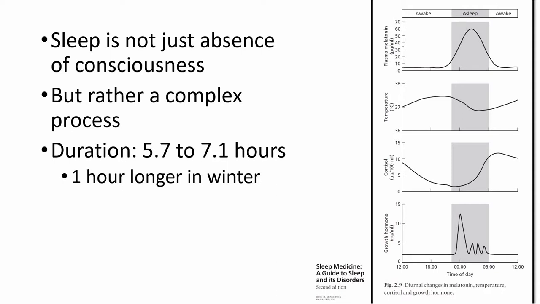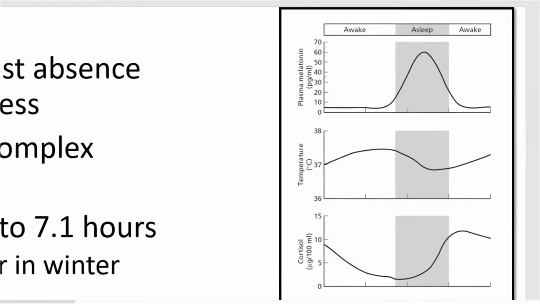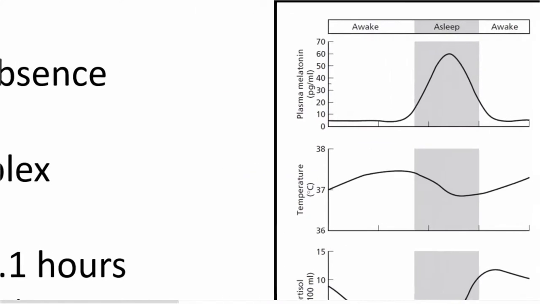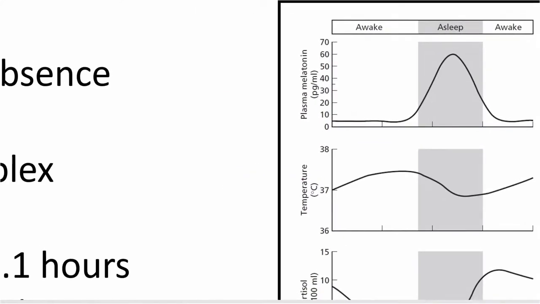So let's go over this slide. The takeaway here is that sleep is complex. As you see in this cartoon image, there are various different changes that are going on. Let me zoom in. You have here the awake state.